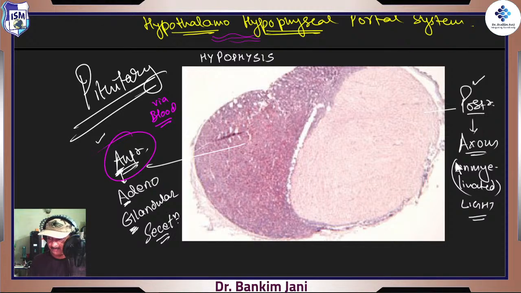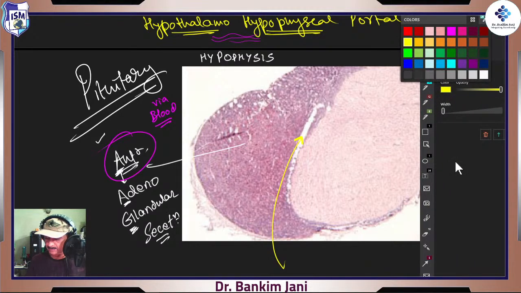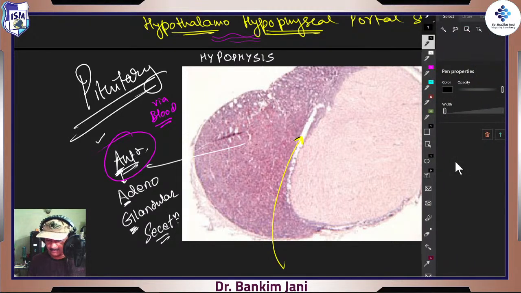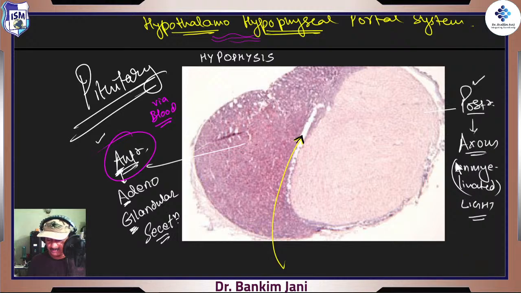But watch for one extra thing over here. Let's see the color. This one, can you see, right? There is a very clear area between both of them, between the anterior and posterior. So this is what is called the pars intermedia.